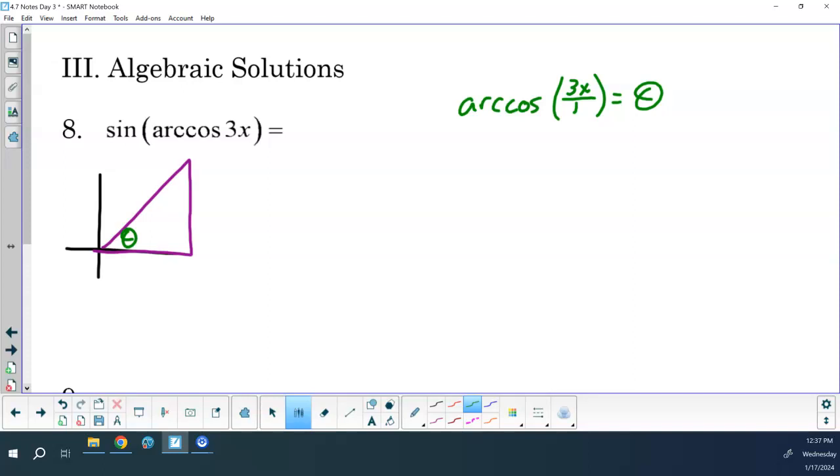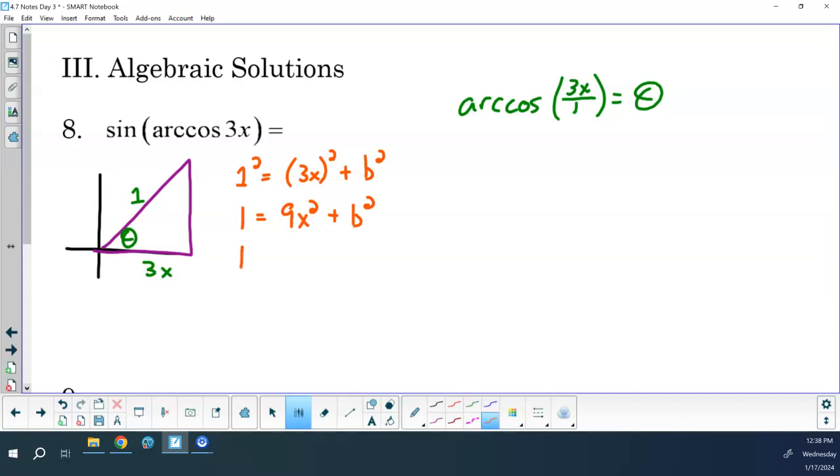That allows me then to come back to my triangle and say, well, my adjacent side is 3x, and my hypotenuse is 1. Now we got to do a little Pythagorean theorem. We can't get by without it. 1 squared equals the quantity 3x squared plus b squared. I want to solve that for b. 1 squared is 1, 3x quantity squared is 9x squared.